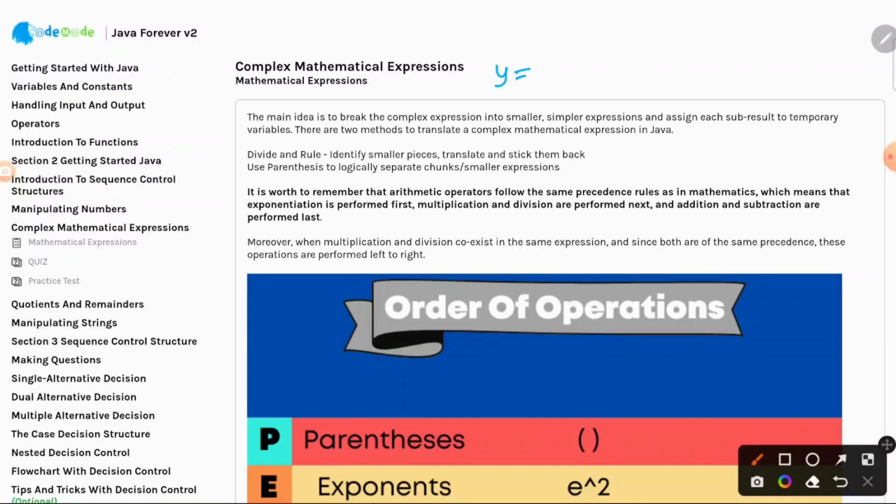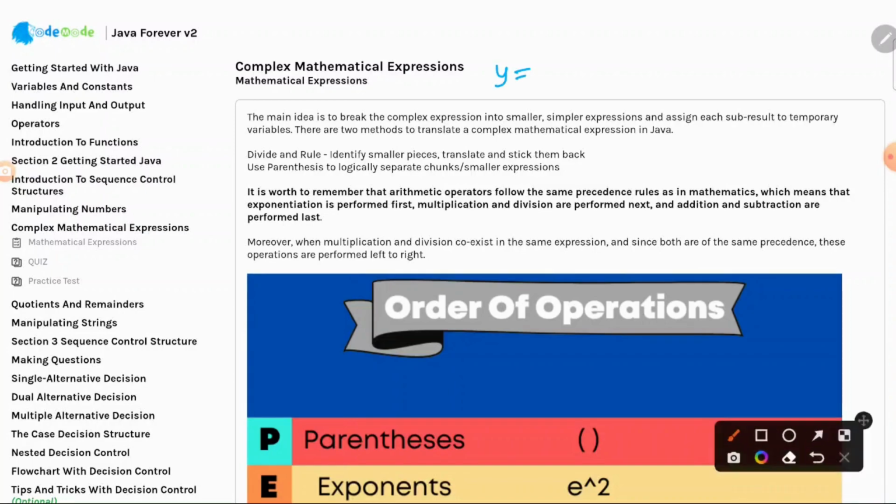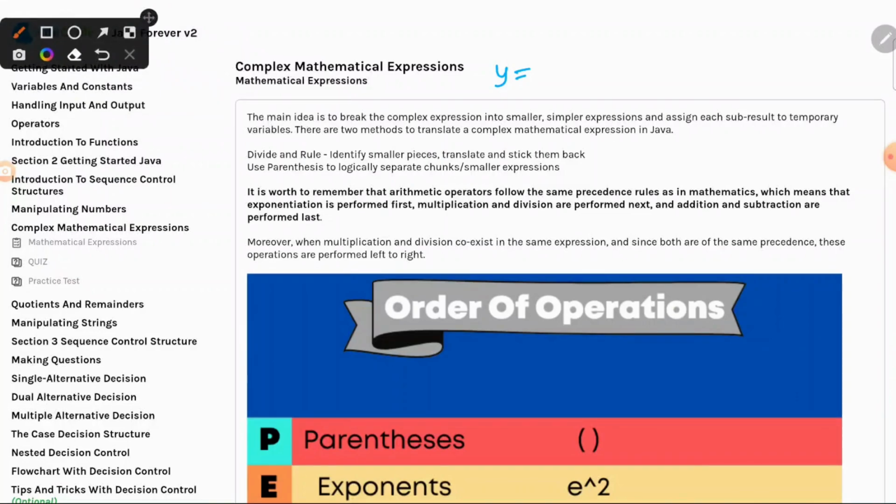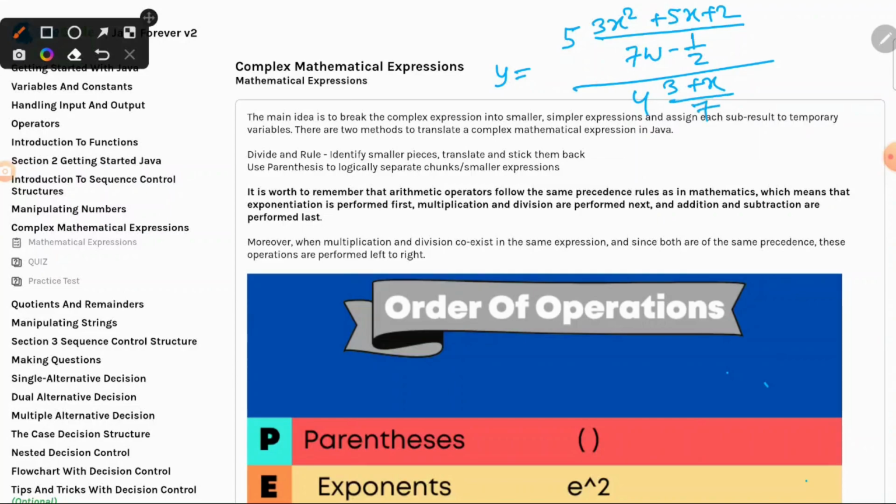I say y equal to 5 times 3x square plus 5x plus 2, divided by 7w minus 1 over z, and this whole thing is divided by 3 plus x divided by 7. You can see that it's a pretty complex equation.